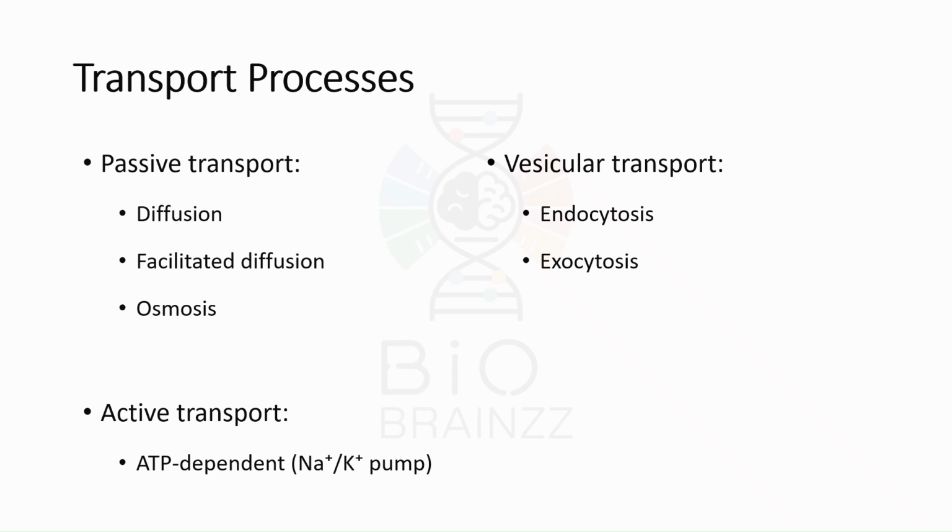Active transport, on the other hand, requires energy in the form of ATP, like in the sodium-potassium pump. There is also vesicular transport, which includes endocytosis and exocytosis. Understanding the difference between these transport types is very important for MCQs.